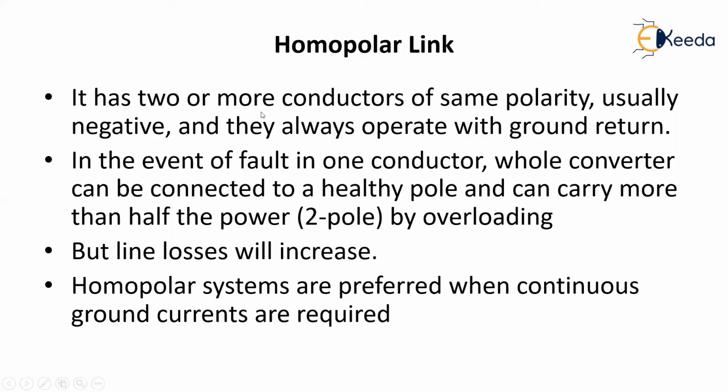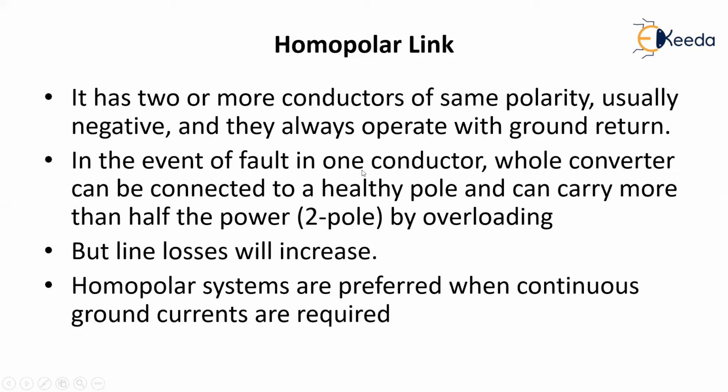It has two or more conductors of the same polarity, usually negative, and they always operate with a ground return. Why negative? We already discussed this when discussing the monopolar link. Negative polarity is less prone to corona losses. Even if we are using high voltages, the corona losses will be less with negative polarity.